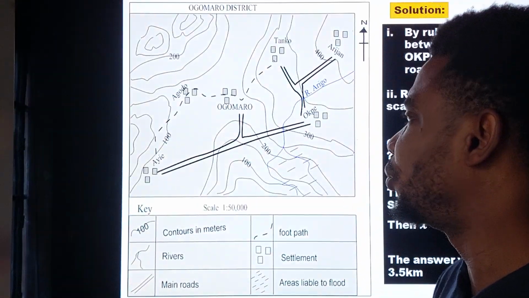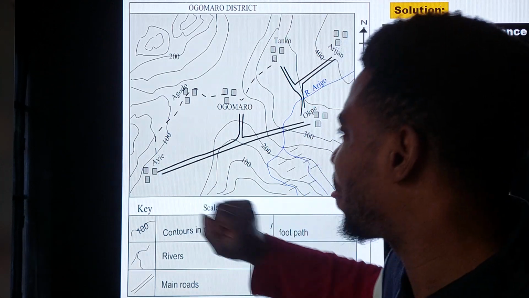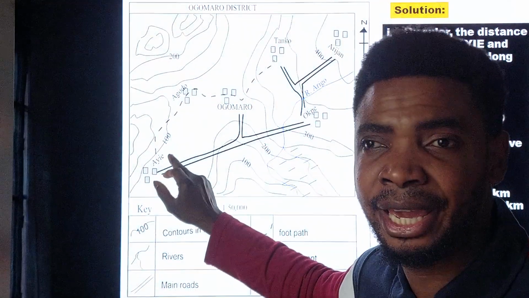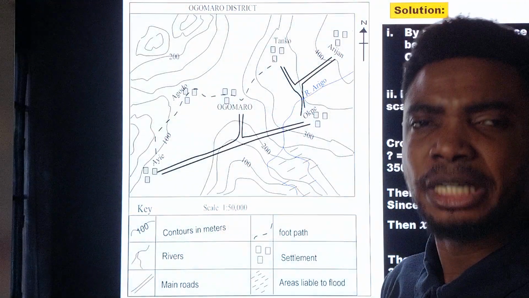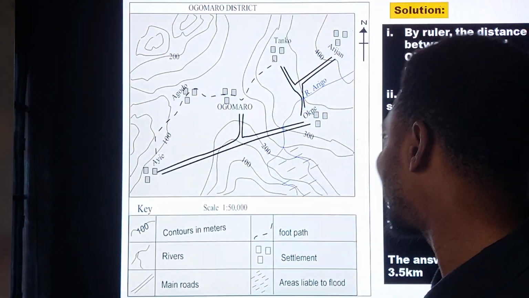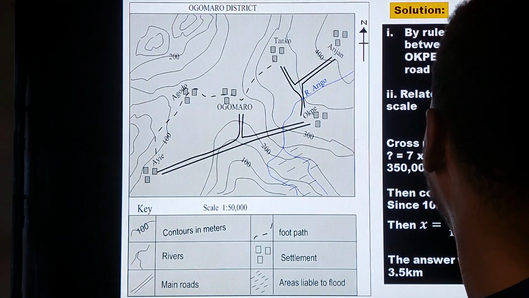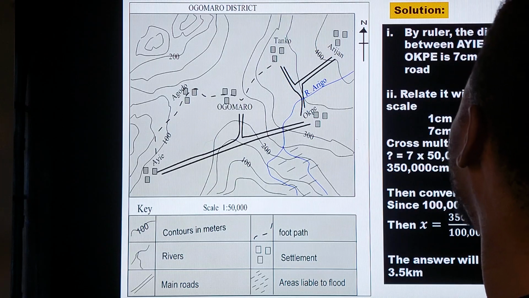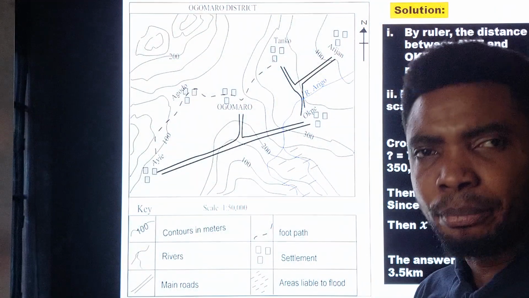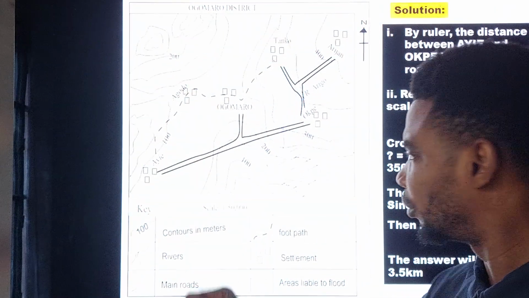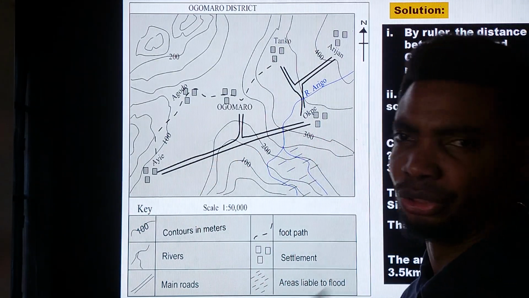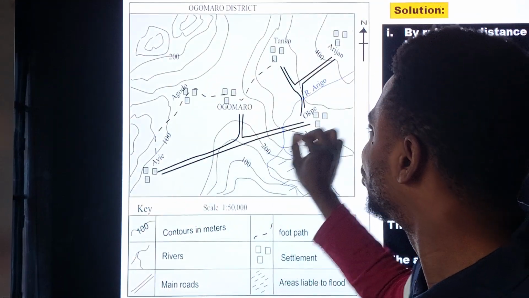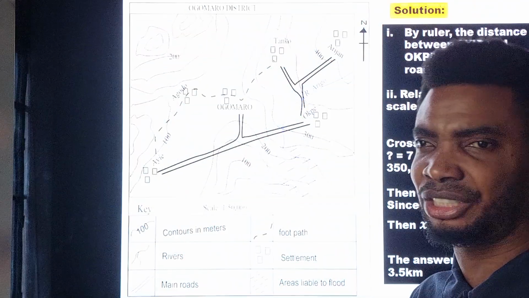What you do is to put your ruler here on Aye settlement, and you measure to Okpe. Let's assume you carry that out, you measure it, and you get 7 centimeters by road, using this road. You put your ruler here and extend it to here, and you get 7 centimeters.